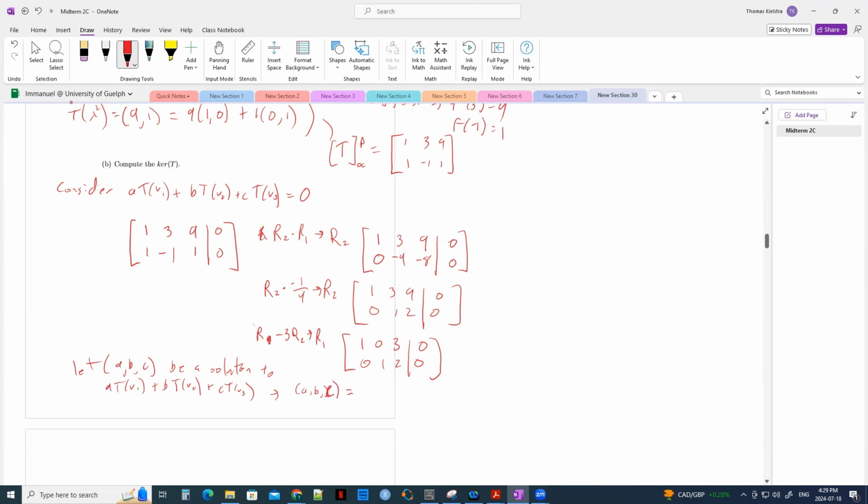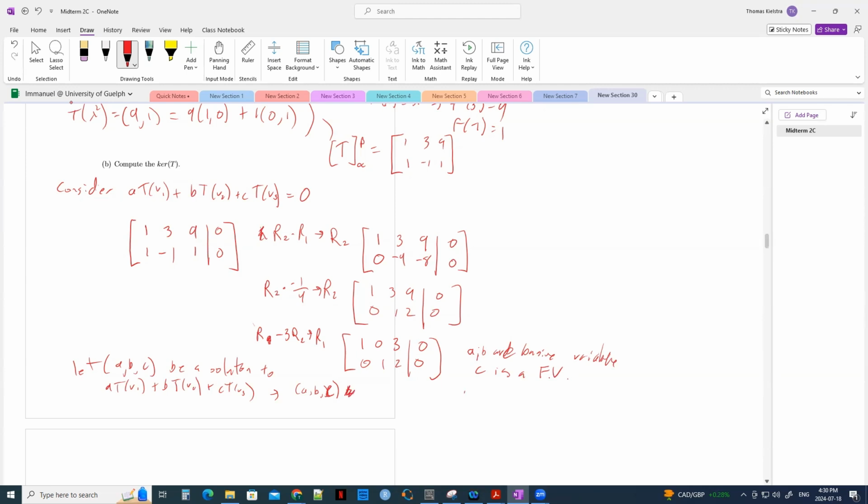But what are our variables? Our variables here are that a and b are basic variables, and c is a free variable. So we've got to figure out what a, b, and c are.